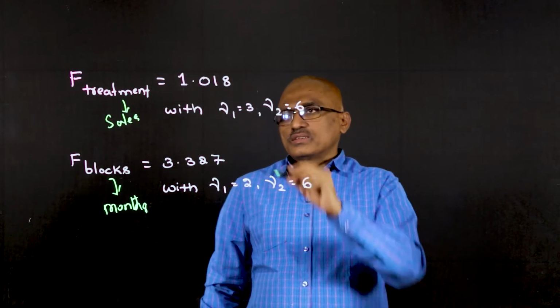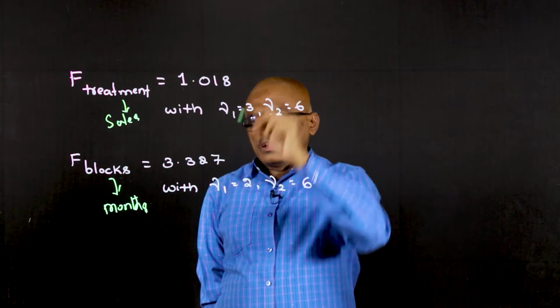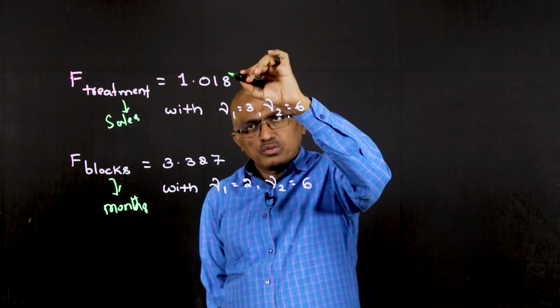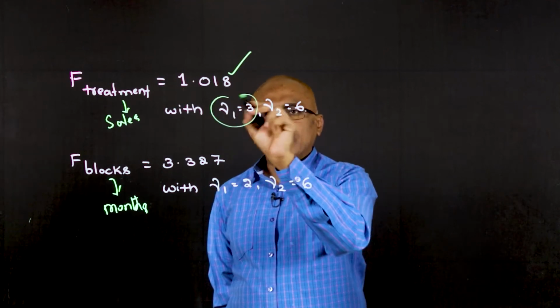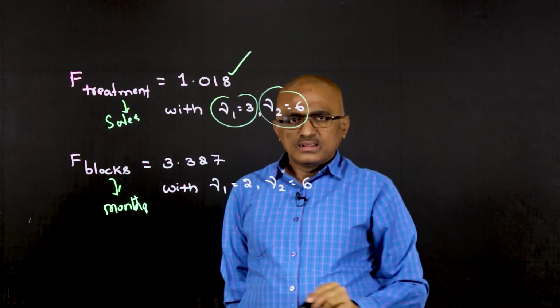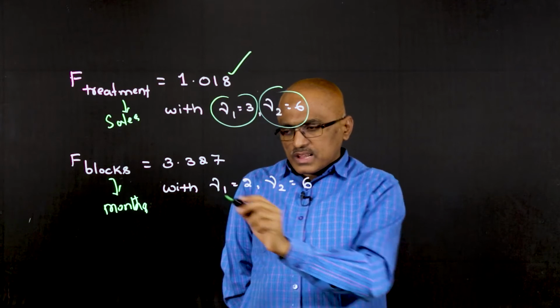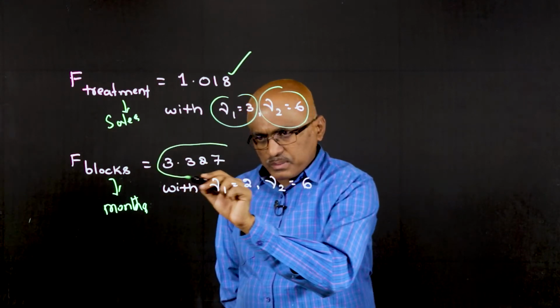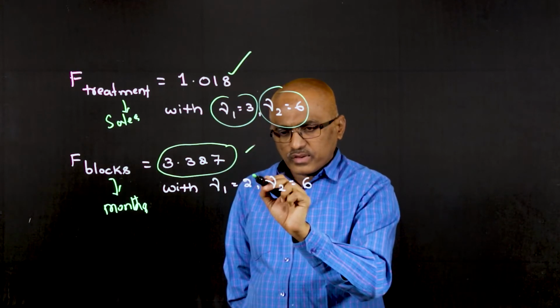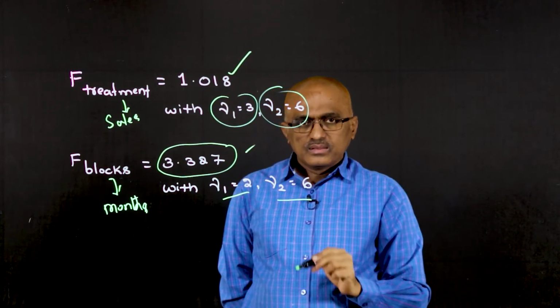So with respect to sales, we got 1.018 with the corresponding degrees of freedom, that is 3 as well as 6. And similarly with respect to the months, with respect to rows, we got the calculated value as 3.327 with degrees of freedom 2 as well as 6.